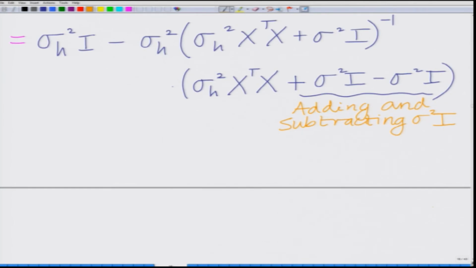Now, you can see that sigma_h^2 X^T X plus sigma^2 I, and its first part, are inverses of each other, so the multiplication of these two will give identity.